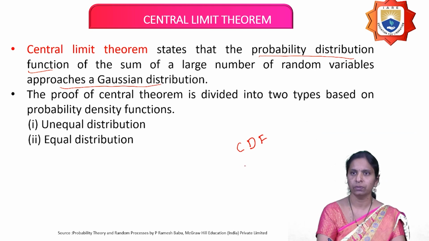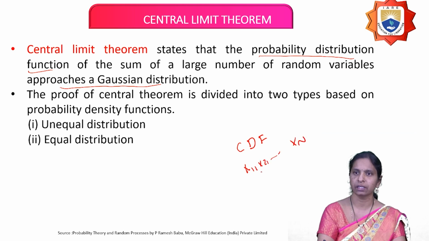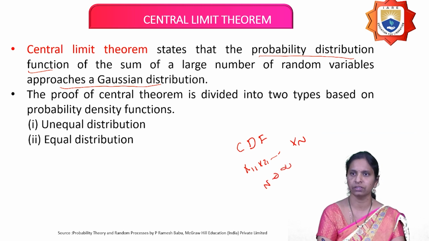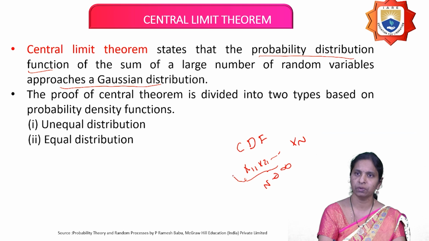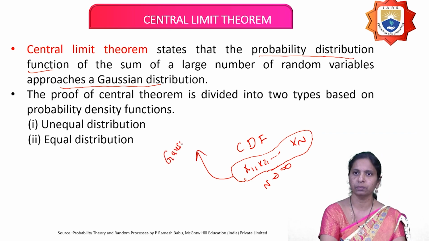It means if you are taking a very large number of random variables, x1, x2 and so on, xn, where this n value is very large, and you add all these random variables, then the probability distribution function of the sum is approaching the Gaussian distribution function.